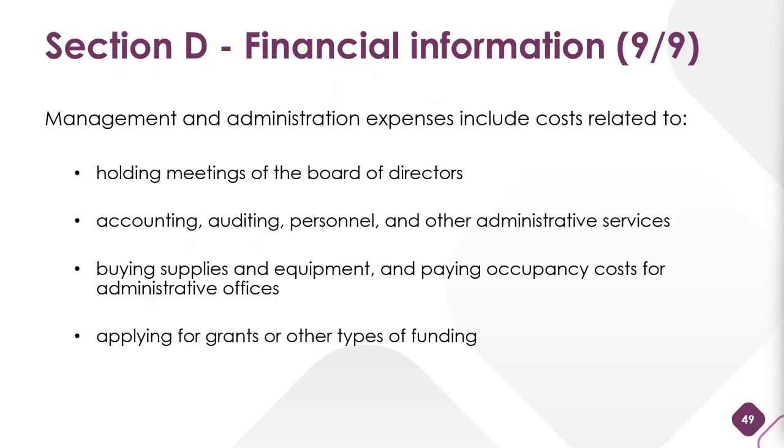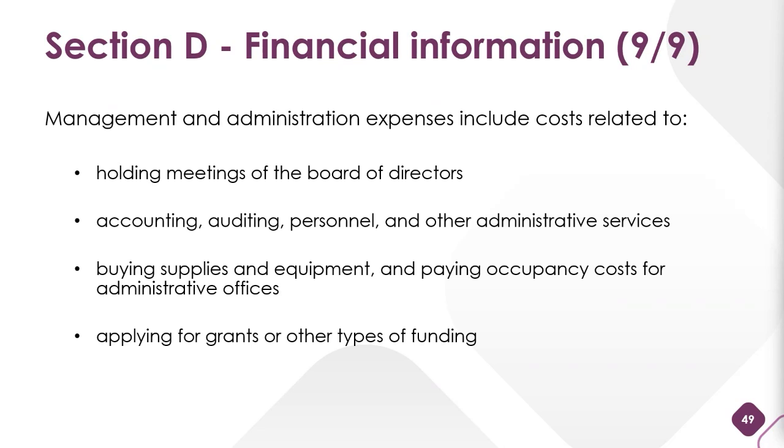Expenditures on management and administration include costs related to holding meetings of the board of directors, accounting, auditing, personnel, and other administrative services, buying supplies and equipment, paying occupancy costs for administrative offices, and applying for grants or other types of funding.